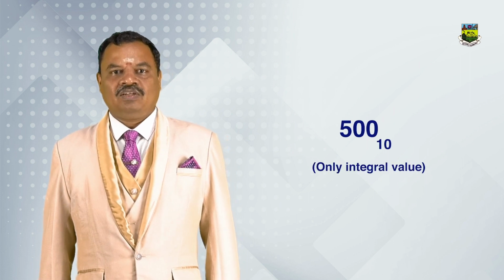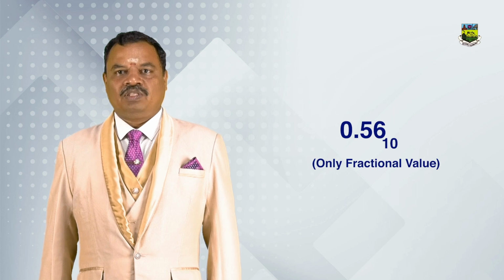Next, the value 500 is another example, which contains only an integral value, and can be written as 500 base 10. As another example, we can have 0.56, which can be written as 0.56 base 10. In this example, we have only a fractional value with base 10.